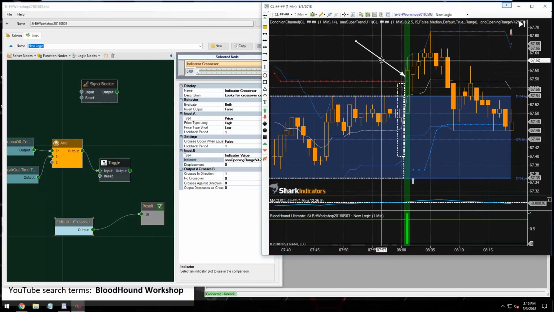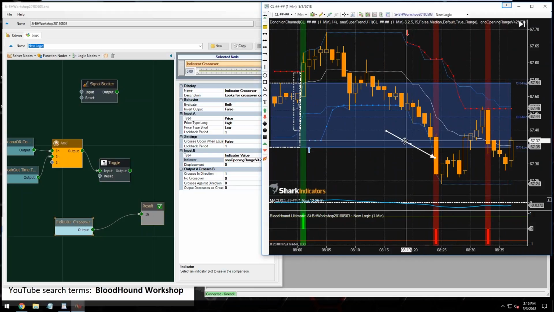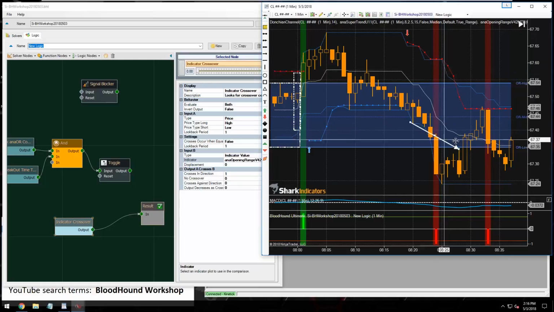Bingo, there's our breakout. There's one, and of course this crossover is going to detect all the breakouts. So there's another breakout, and another breakout. Here's a good example: this bar is inside the range, but the wick broke out. That could happen at the beginning, where the wick breaks out and picks up that order.